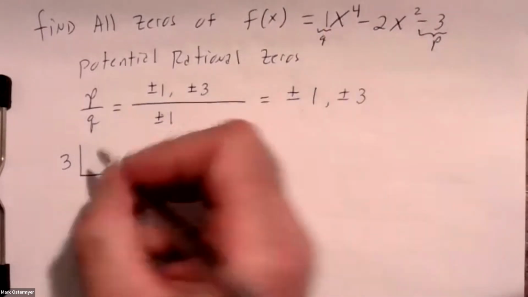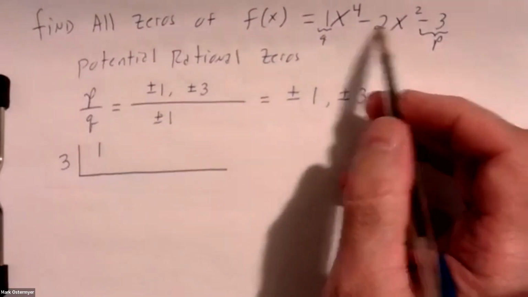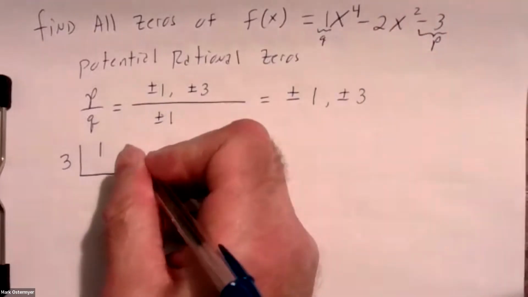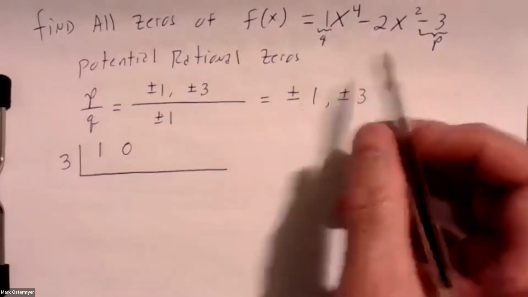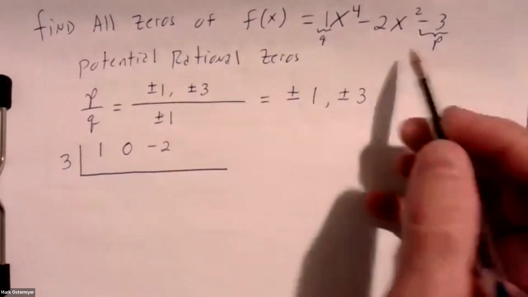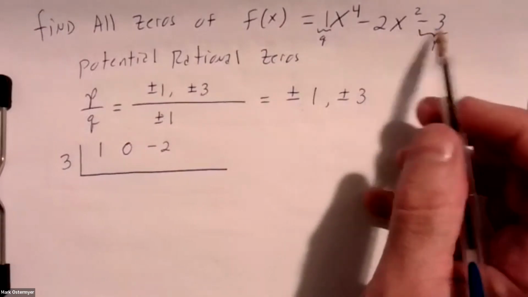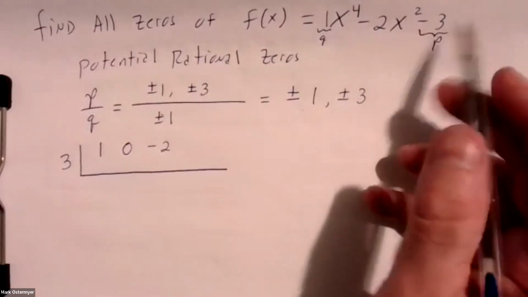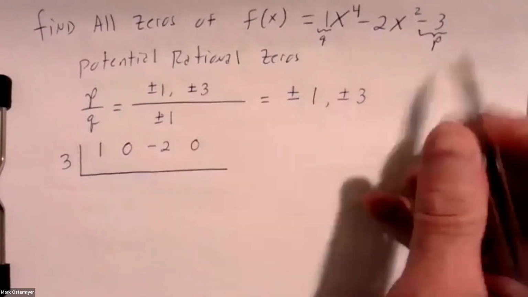So we got 1. Now we're missing a 3rd degree term in here, so we got to put 0 in for a placeholder. Got a 2nd degree term whose coefficient is -2. We don't have a 1st degree term, we're missing that also, so I have to put another placeholder of 0 in. And then we got our constant term. Oh yeah, a whole bunch of placeholders are necessary.